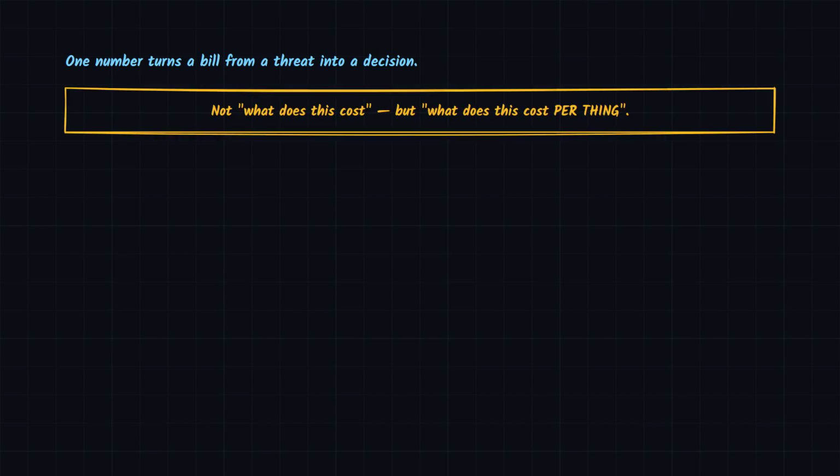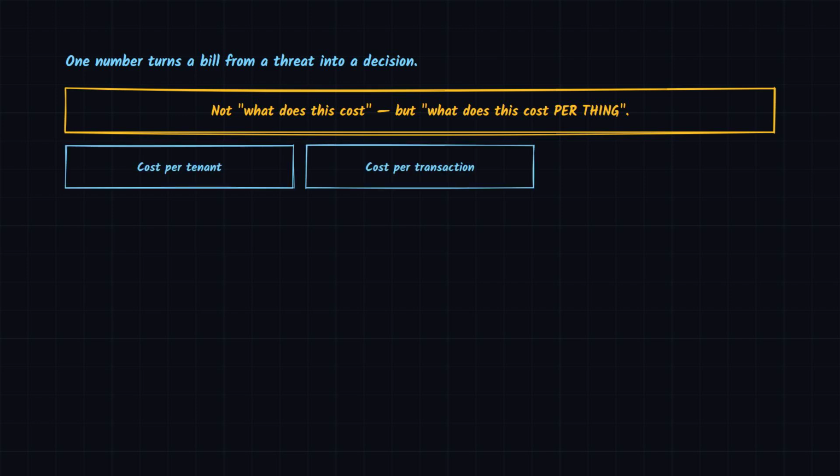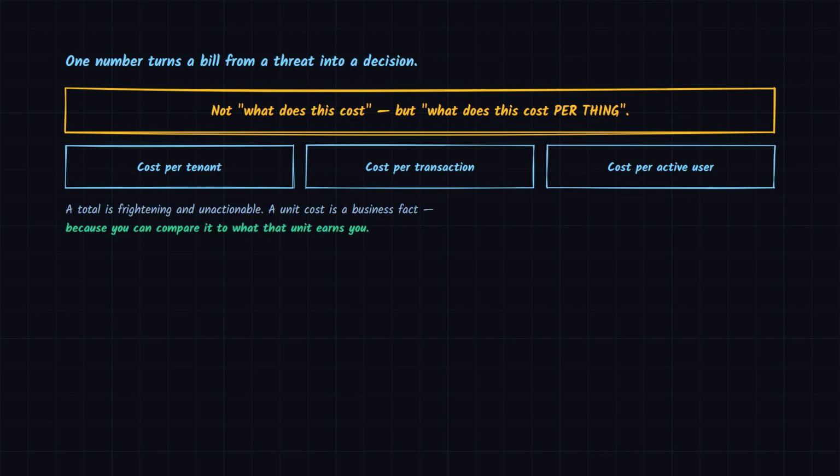And there is one number that turns a bill from a threat into a decision, which is unit economics. Not what does this cost, but what does this cost per thing: cost per tenant, cost per transaction, cost per active user. A total is frightening and unactionable, but a unit cost is a business fact you can reason about, because you can compare it to what that unit earns you.